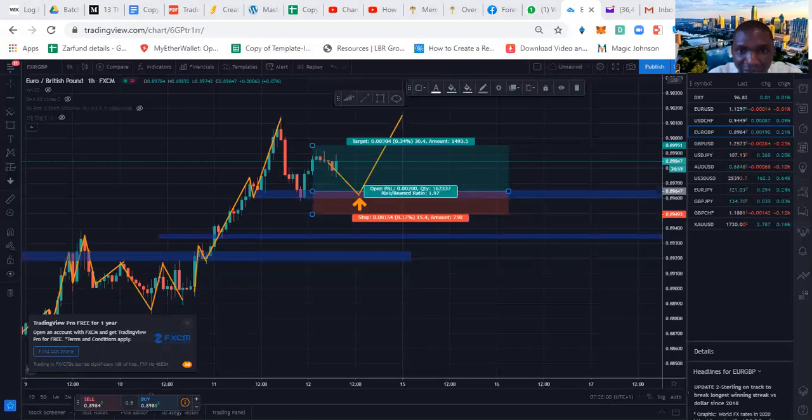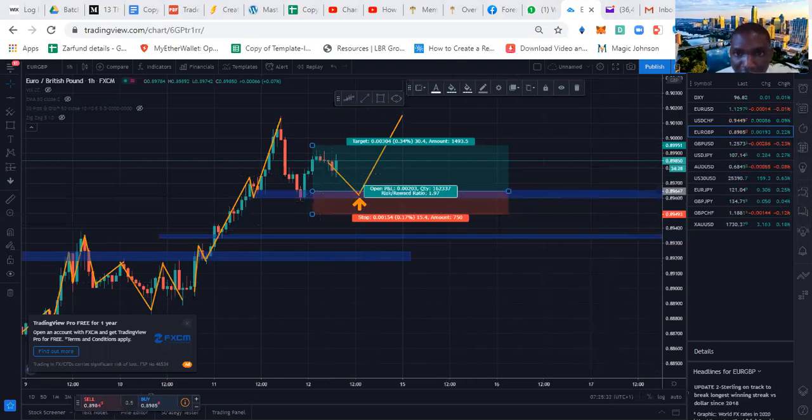So when we have buy limits, then our entry price is at 0.89650. Okay, that's the price.